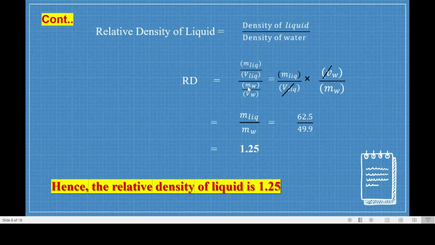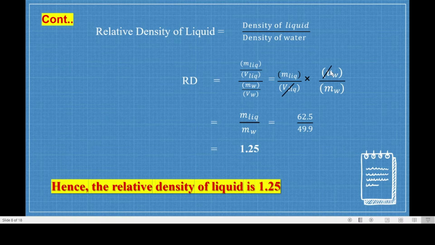Here, M is the mass of the water to volume of the water, mW by VW. When it goes up, it becomes upside down, so this division is converted into multiplication: this will go into the numerator and this will go into the denominator. You know that it is nothing but simple mathematics. Since these two volumes are equal, we can cancel out each other.